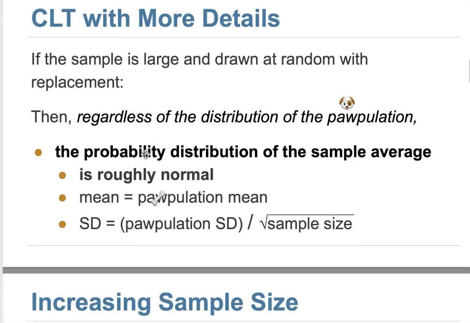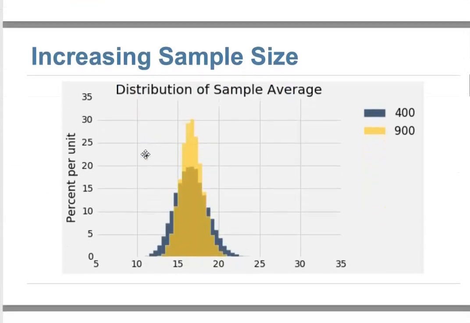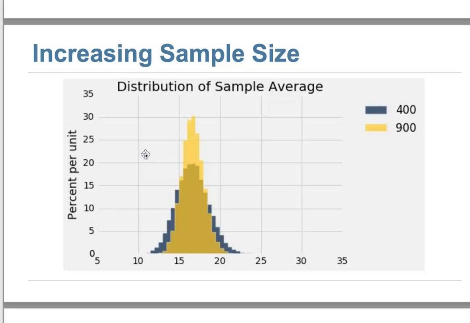So how did we get that conclusion? Remember at the end of last lecture, we did three different sample sizes: 100, 400, and 900. And here you can see we have the 400 only and 900 only. But with each sample size, we found 10,000 sample means, then constructed the empirical distribution.